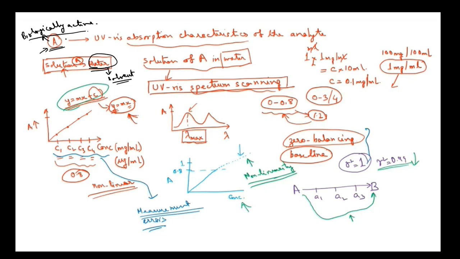Suppose we are given an analyte A and we want to analyze the content of A in a specific sample. What is the first step? The first step would be to dissolve that analyte into water and prepare a solution.